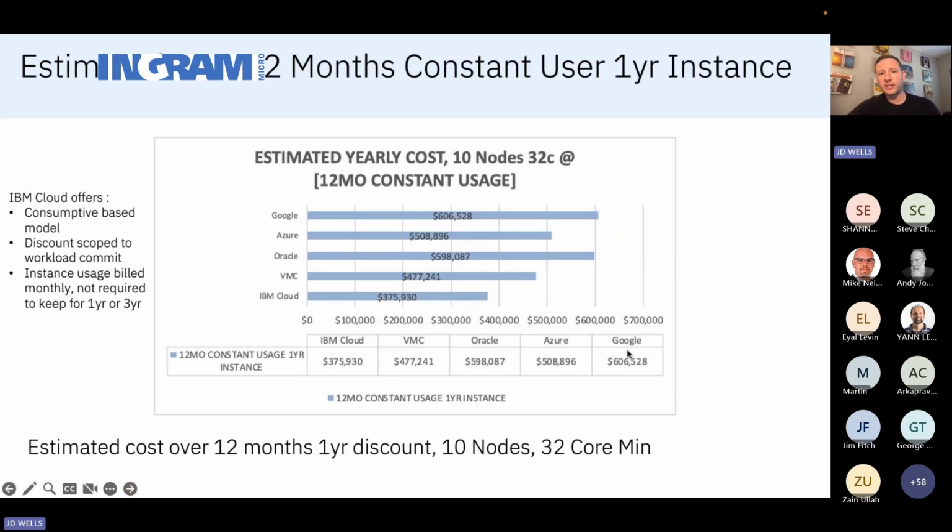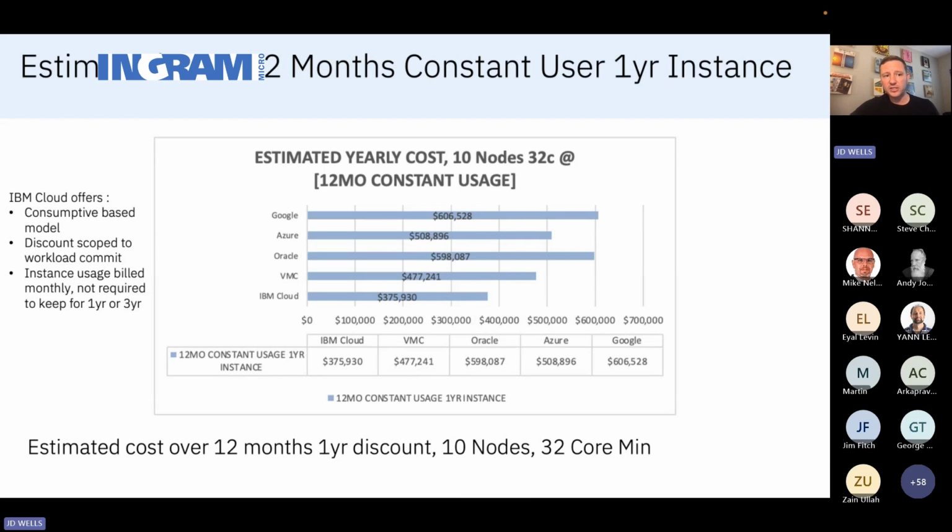What we're now doing is we're looking at what is the total cost of ownership for a one-year instance over 12 months of constant usage. This is essentially assuming that there has not been any burst up or burst down, that the workload was scoped at 10 servers with 32 cores each, and they're going to maintain a constant usage over that period of time.